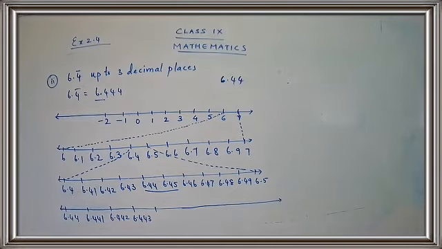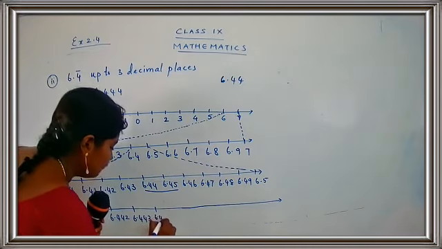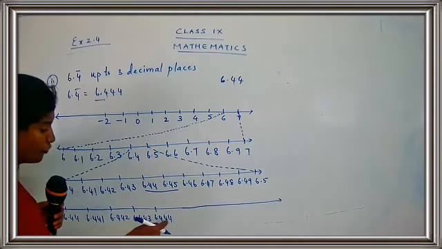It's 6.44. 6.441. 6.442. 6.443. Next. 6.444. 443. 444.